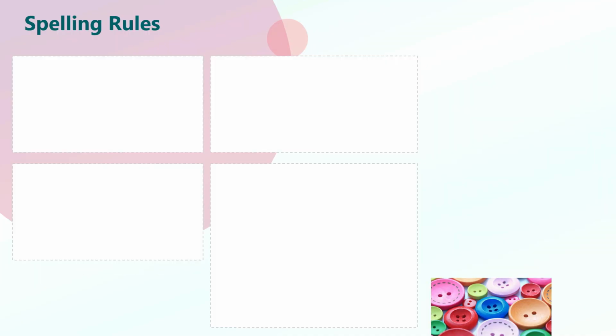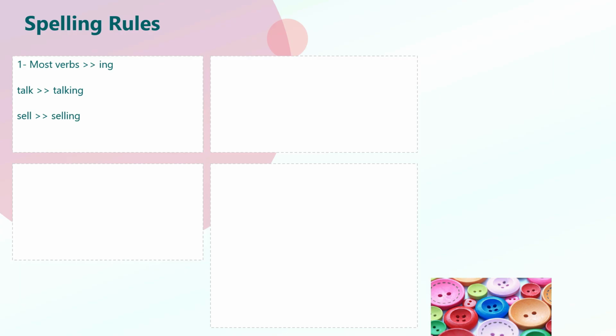Next, let's look at some spelling changes we need for the main verb when using this tense. For most verbs, all you do is add ing. For example, talk becomes talking. Sell becomes selling. However, some verbs need a small change.